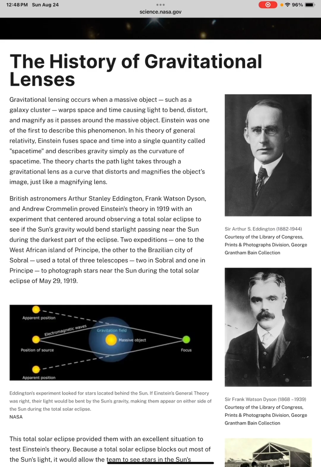So what do they say here? Two expeditions, one to the West African island of Principe, the other to the Brazilian city of Sobral, used a total of 3 telescopes, 2 in Sobral and 1 in Principe, to photograph stars near the sun during the total solar eclipse.